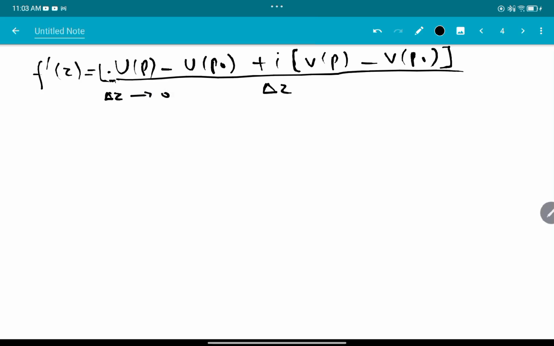Now we know that u and v are continuous. We assume that they are continuous.